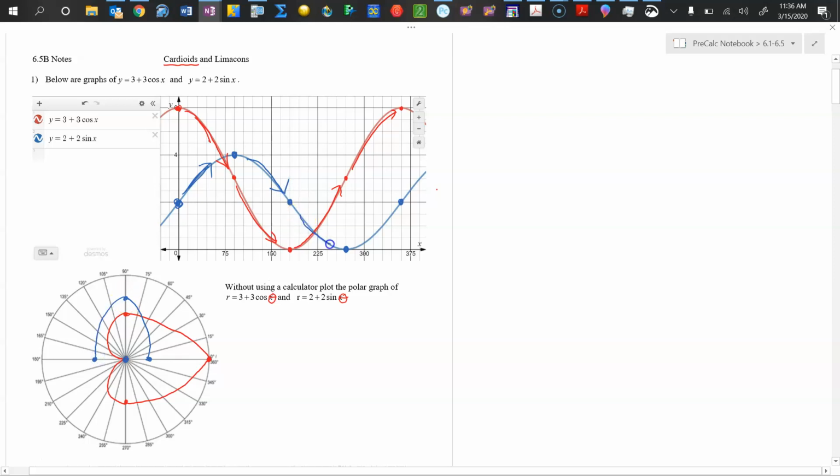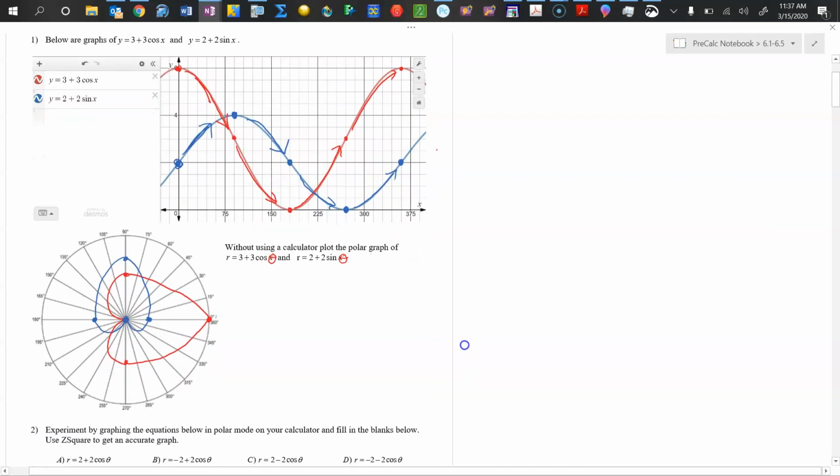Between 180 and 270 degrees, r is decreasing from 2 to 0, and from 270 to 360 degrees, r is increasing from 0 back to 2. And again, we have a cardioid, and it happens to be lying on the positive y-axis.